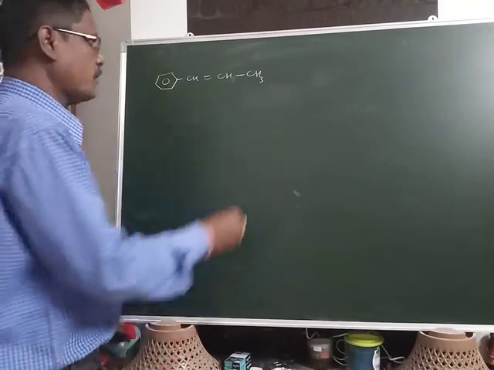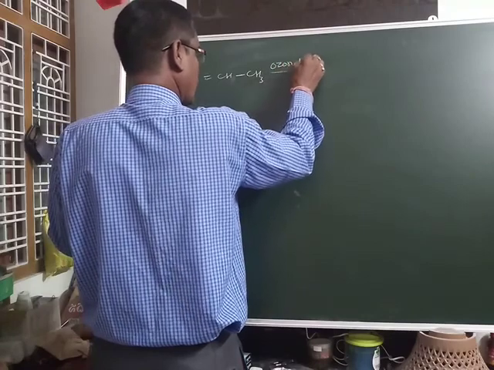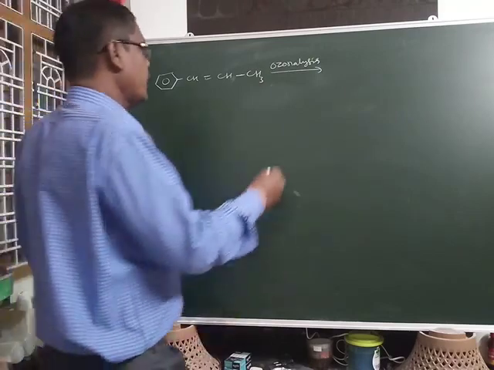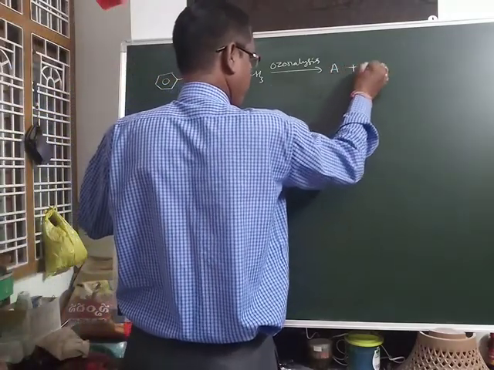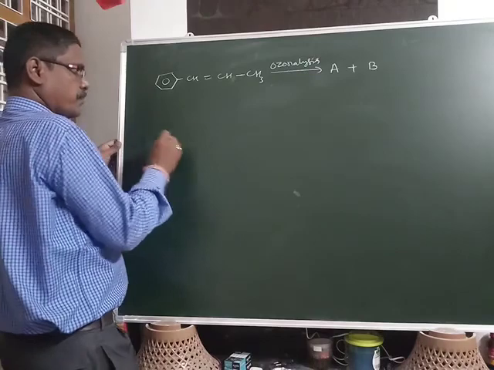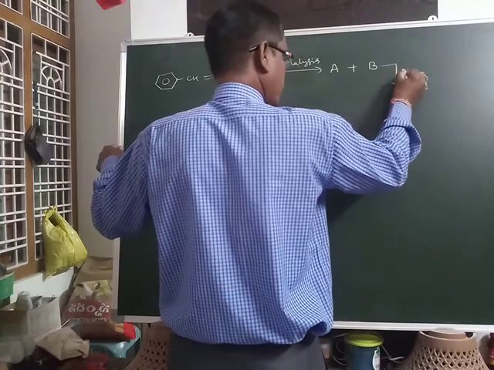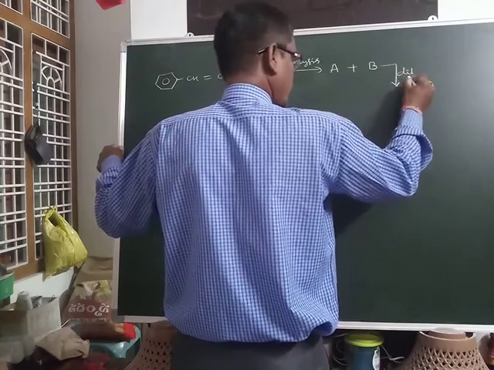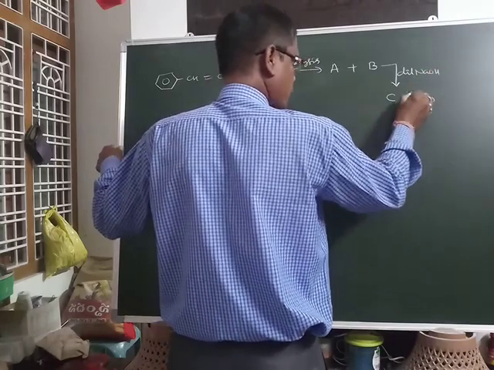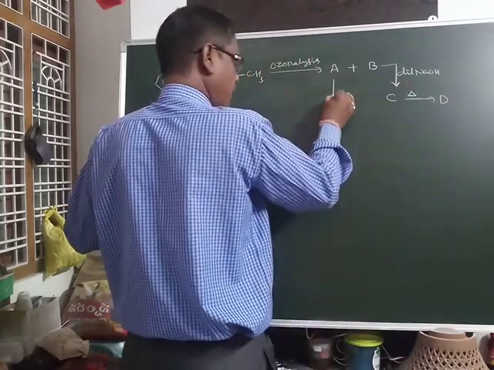The same ozonolysis gives A plus B. A, B on dilute NaOH forms C, which on heat forms D.